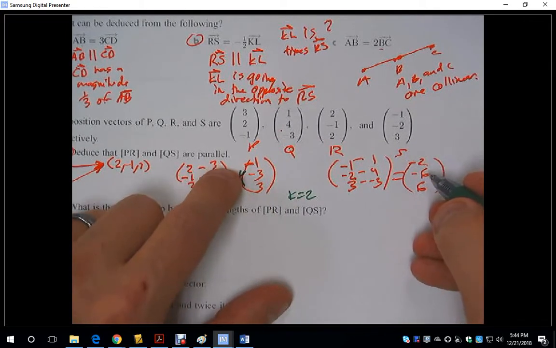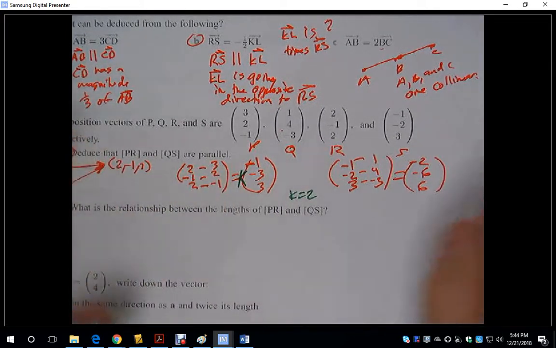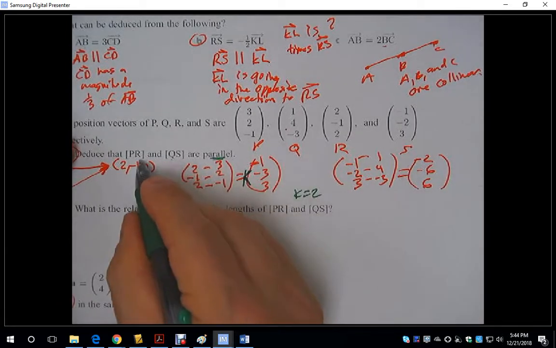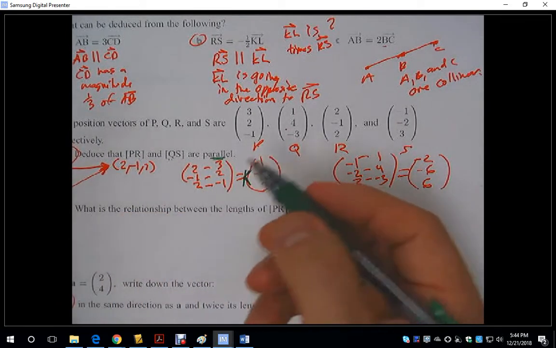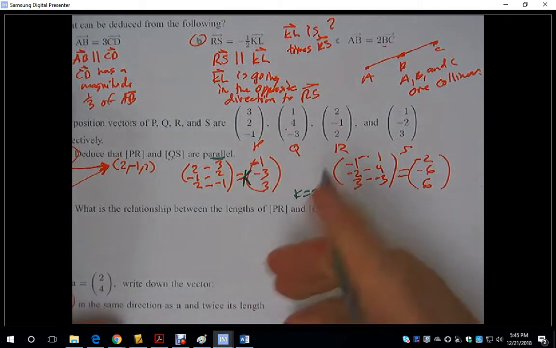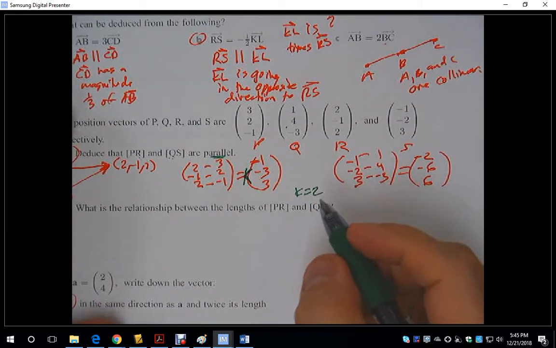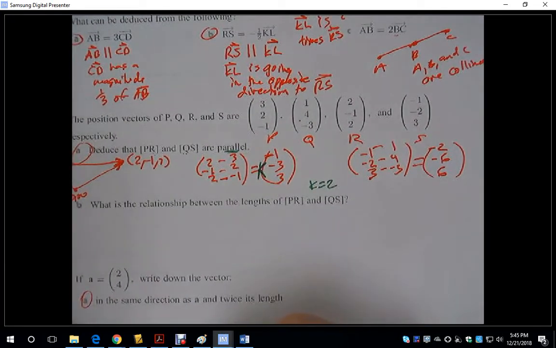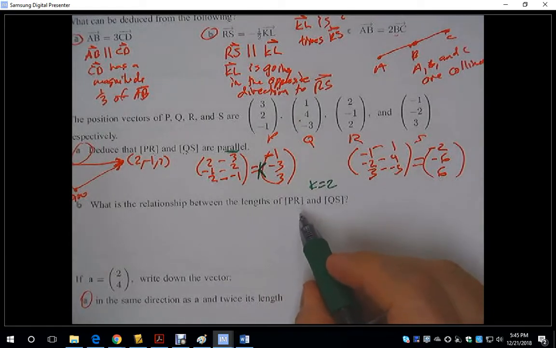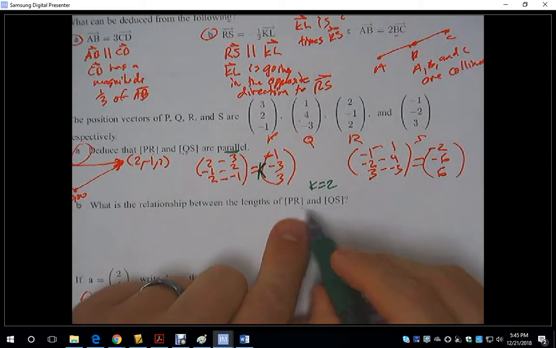They look like they are going in the same direction as well, which doesn't really matter when we're just talking about lines anyway. Parallel vectors don't have to be going in the same direction. They can also be going in opposite directions. All right, so then it says, what is the relationship between the lengths of PR and QS?